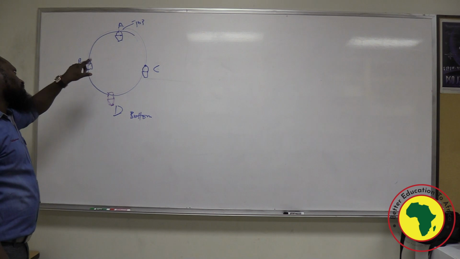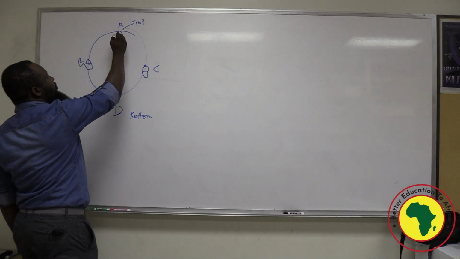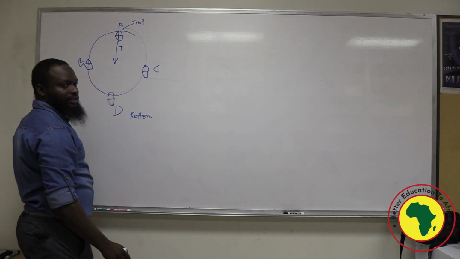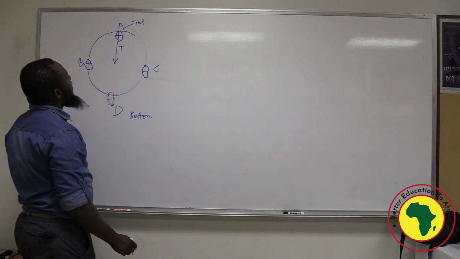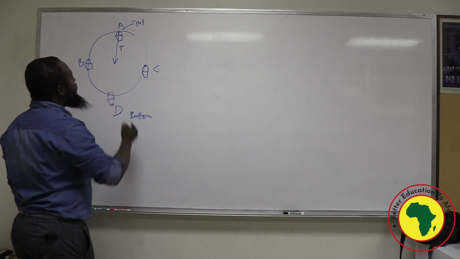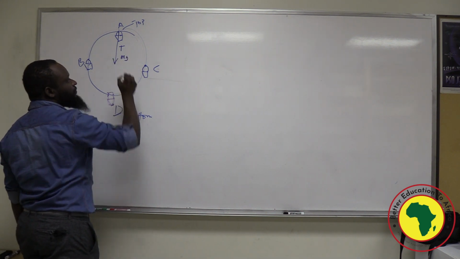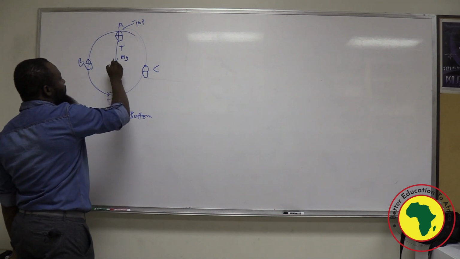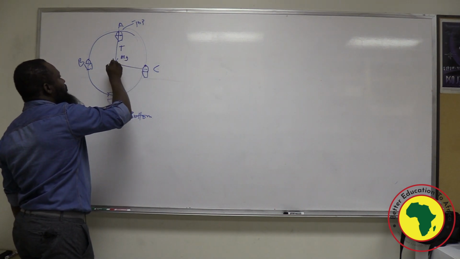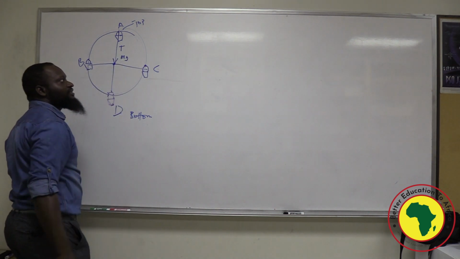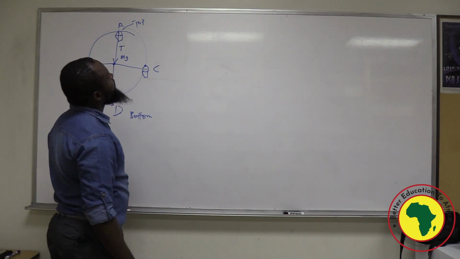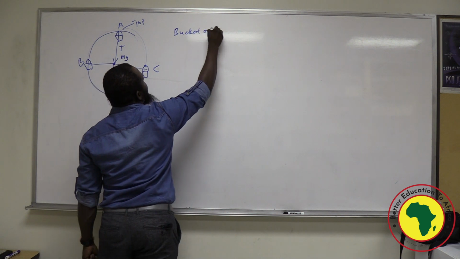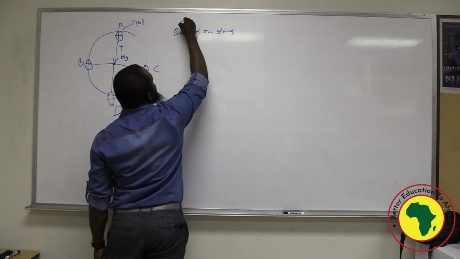I'll start from the top. At the top, you discover that the tension is pulling this down. And then you discover that the weight is also going down. This bucket is on a string. So the string is going round and round like this. So the bucket is always connected at every point, going around a vertical circle. So this is the mass on string case.